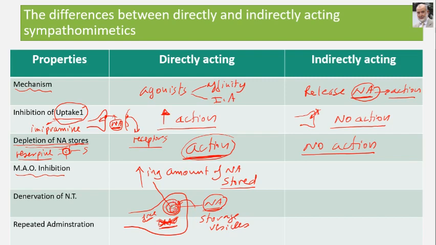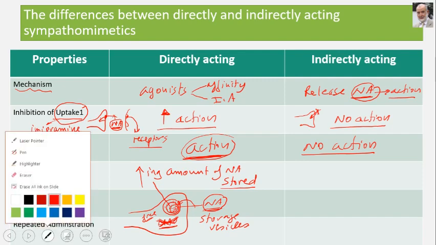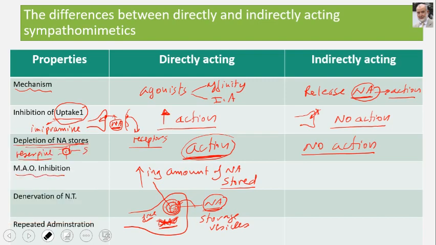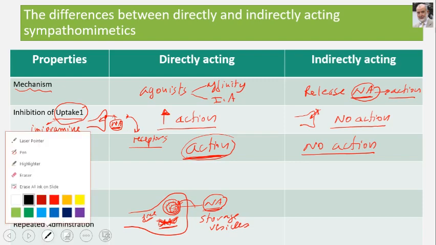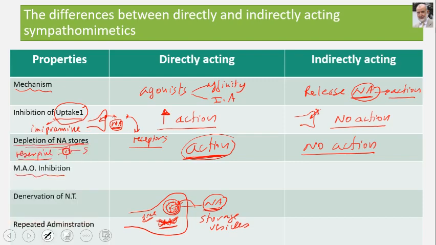So what will happen to the action of directly acting sympathomimetics? As we have said, they have nothing to do with the nerve terminal. They act directly on the adrenergic receptor. So in this case, their action will be the same.